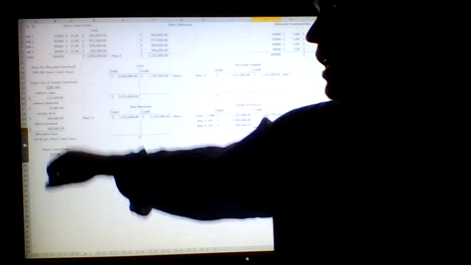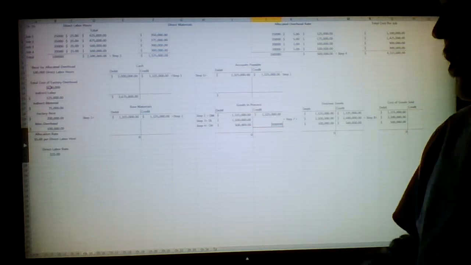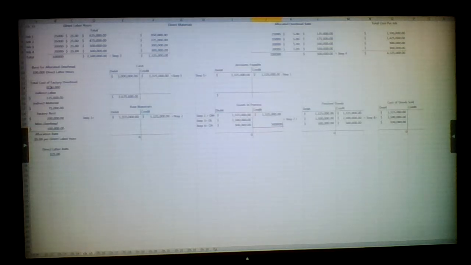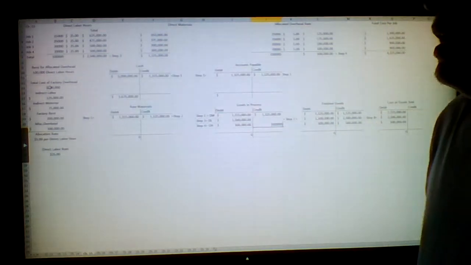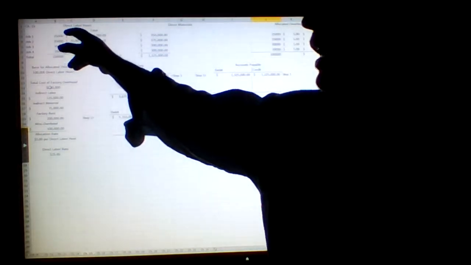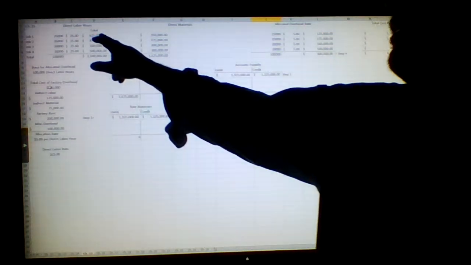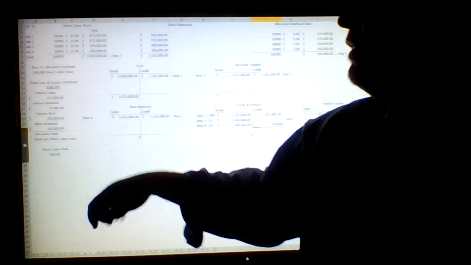Now this is going to give us an allocation rate of $5 per direct labor hour. Now our direct labor actually has a cost associated with it, and in this example we're using $25 as the example. So we have job 1, 2, 3, and 4 here. In job 1 it took us 25,000 hours of direct labor at $25 per hour to give us a cost of $625,000 for that specific job.